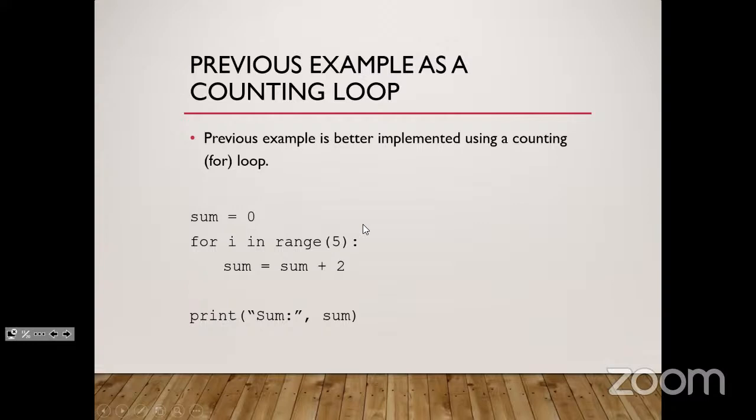That's what you're testing for. So in this case, for i in range of 5 means we want it to run 5 times, right? And it does the same thing as the last loop. It totals up those numbers and prints it out.